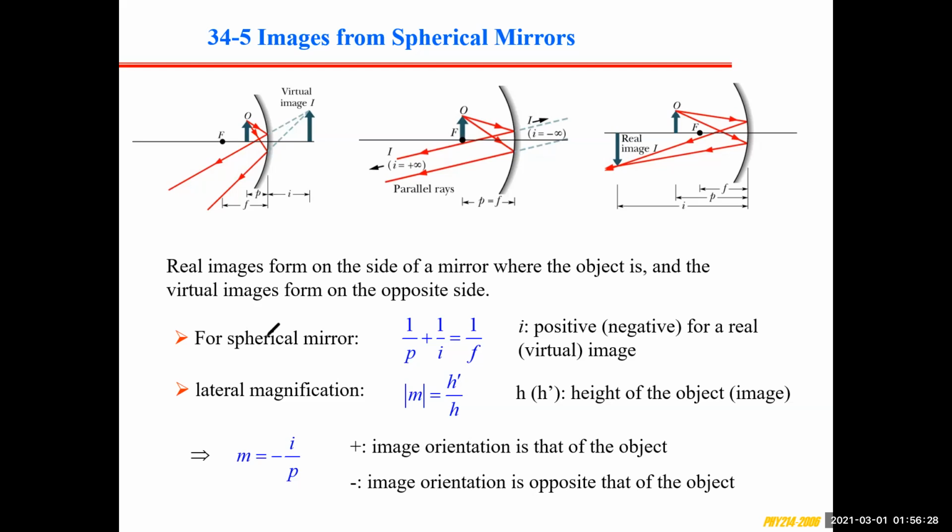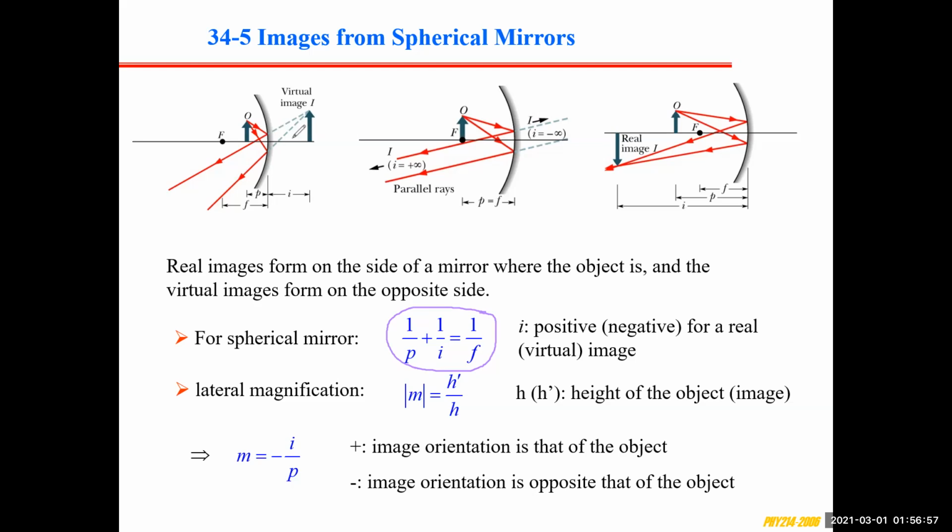In general, for a spherical mirror, this is the equation that you use to calculate where the images form, and several things are to be noted. I is positive for a real image, and it is negative for a virtual image. And for your P, it's the same: if it's in front of a lens or mirror, it is positive. If it is behind the lens or mirror, then that's negative. And F, of course, for a concave mirror is positive, for a convex mirror is negative.